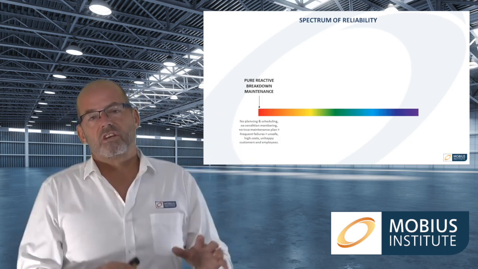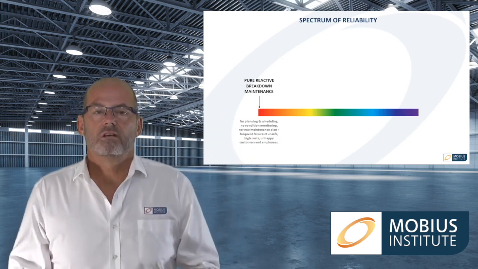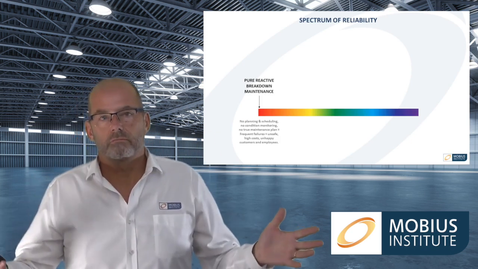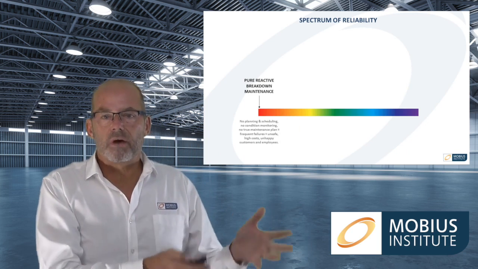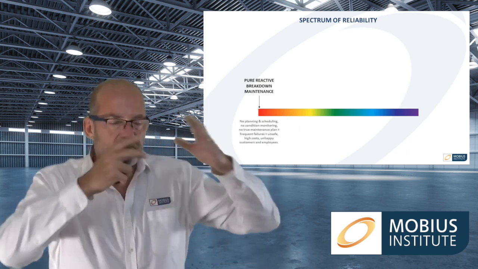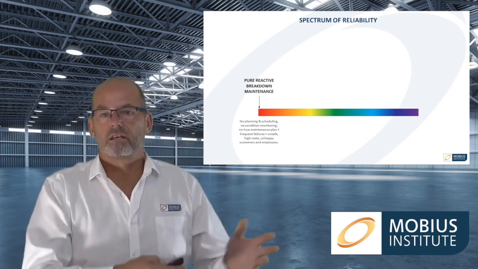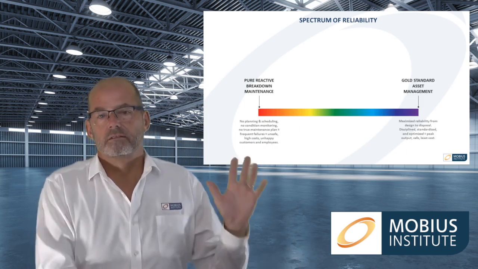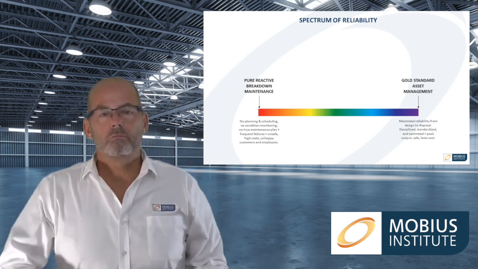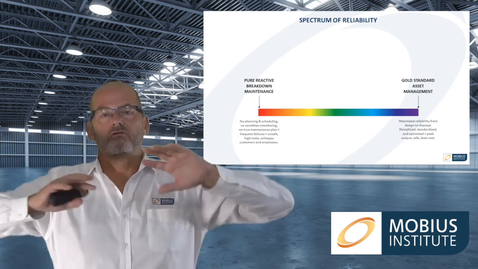Now, in some other videos, I paint this picture of the spectrum of reliability, that at one end you've got pure reactive maintenance: things break down, you fix them, things break down, you fix them, and that's just the worst possible case. At the other end of the spectrum, we've achieved nirvana.